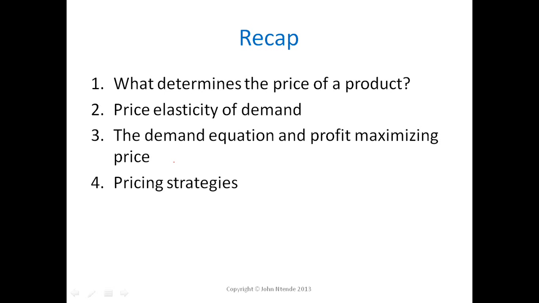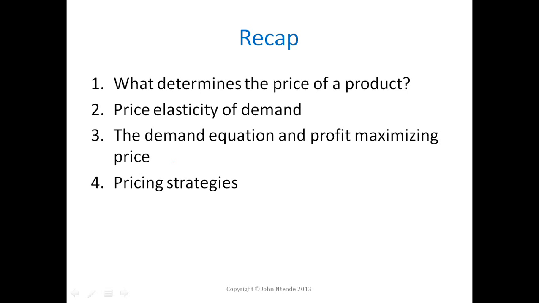Then finally, we looked at different pricing strategies. We looked at market skimming, where you charge a higher price. We looked at market penetration, where you charge a low price to build market share. We looked at full cost plus pricing, where a markup is applied to the full cost.